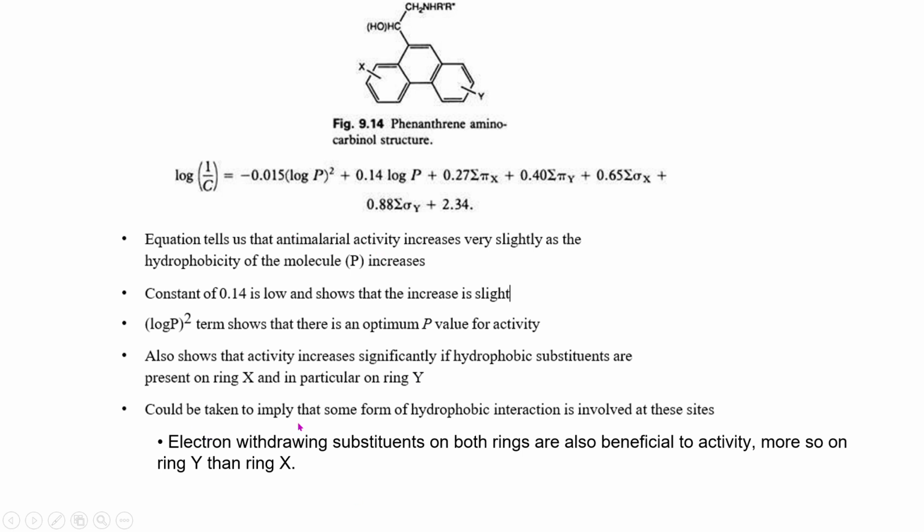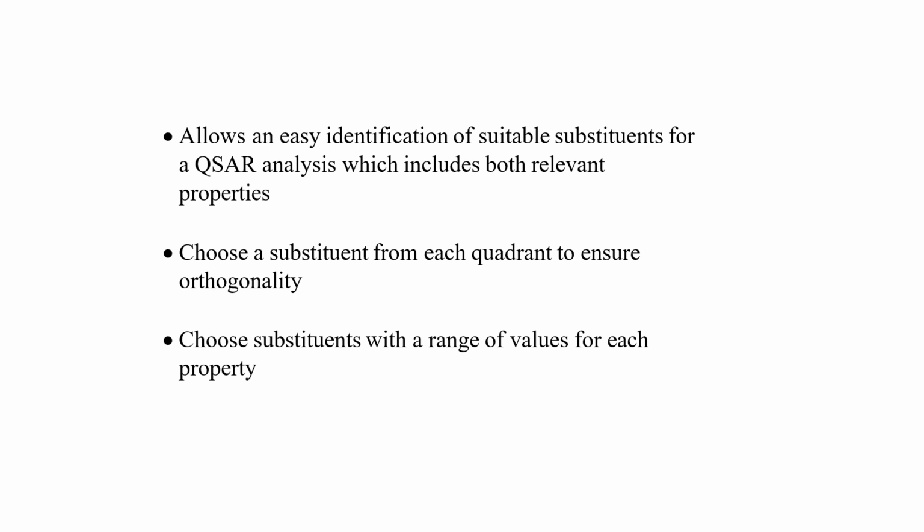This could be taken to imply that some form of hydrophobic interactions are involved at this site. That means electron withdrawing substituents on both rings are beneficial, whether it is X or Y, to show the anti-malarial activities.